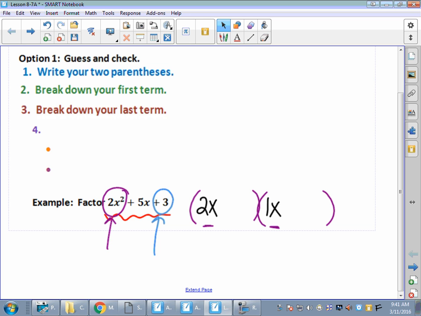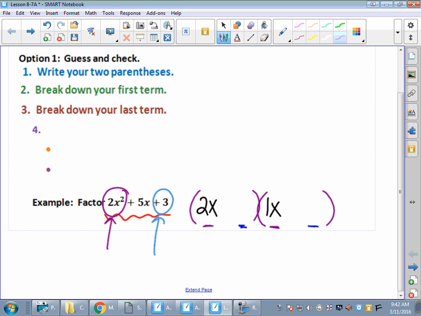So when I say break down, I'm thinking of factors. What multiplies to give us a 3? In case you're not thinking it, 3 is a prime number, and the only factors of 3 are 3 and 1. We just have to decide where we're going to put the 3 and 1. Now it's going to go in the second spot in each parenthesis.